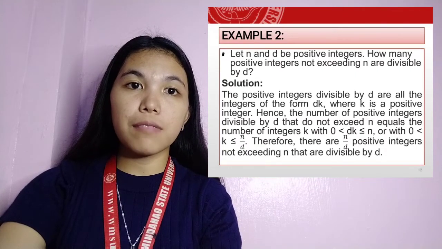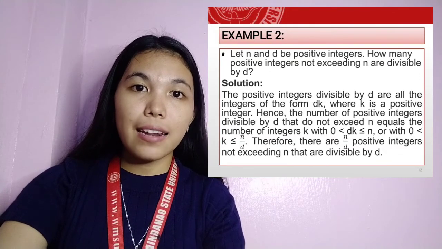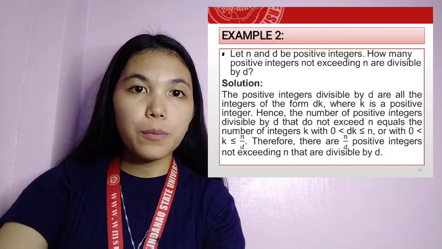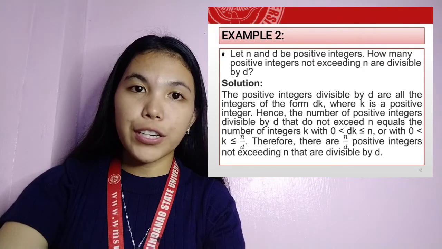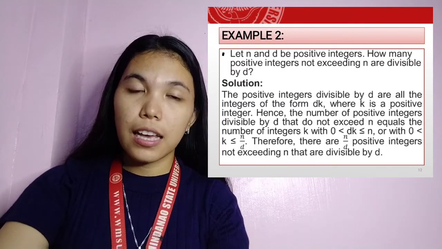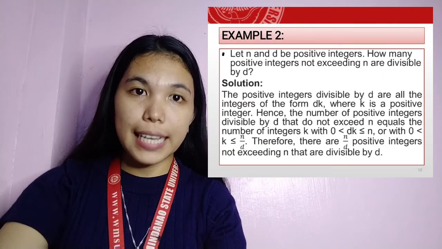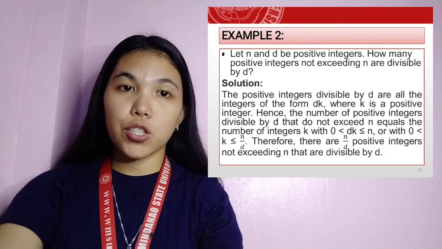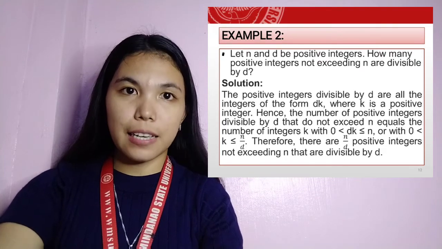Hence, the number of positive integers divisible by d that do not exceed n equals the number of integers k with 0 < dk ≤ n, or with 0 < k ≤ n/d. Therefore, there are ⌊n/d⌋ positive integers not exceeding n that are divisible by d.